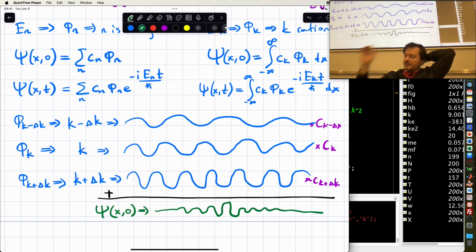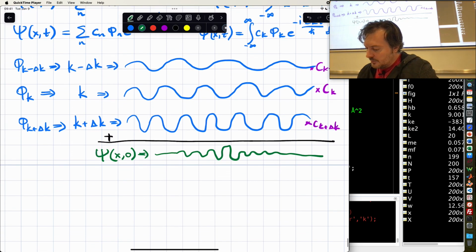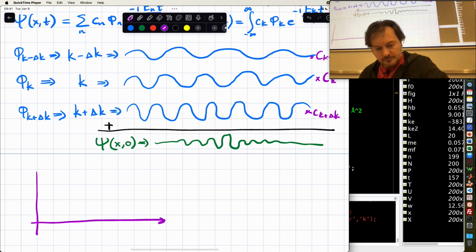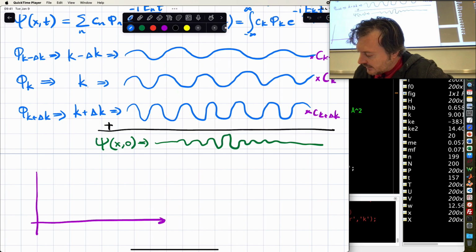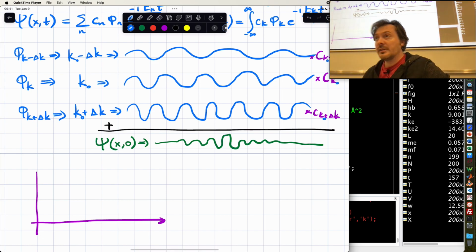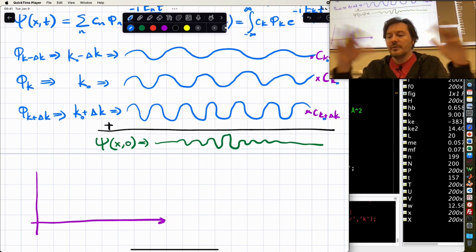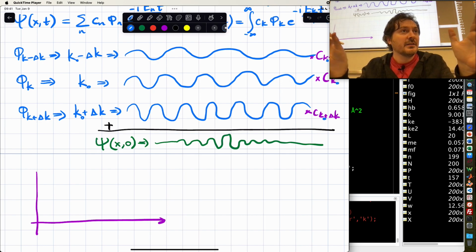So let me plot these c_k's with respect to k. Let's say this is k0, some certain momentum that you have picked, and you are convinced that you are not getting a certain momentum because that particle doesn't exist.